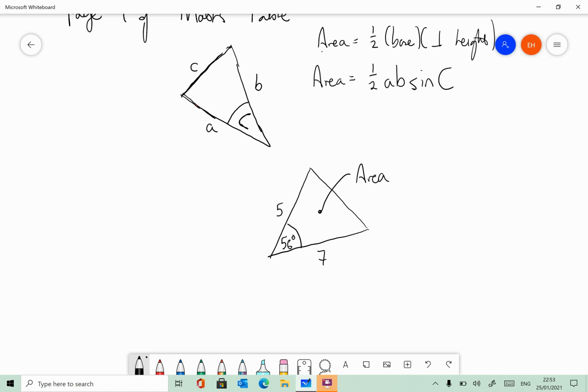Okay, now, when it comes to doing trigonometry on non-right angle triangles, it's always a good idea to label up the triangle. We're asked to find the area, so we need to use this formula here. And that means we need to know what our A is, what our B is, and what our big C is.